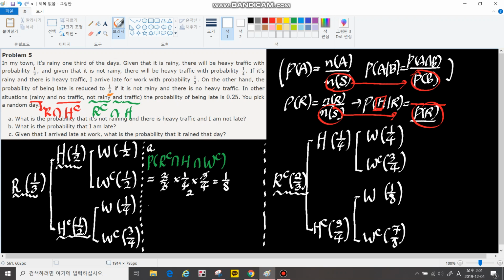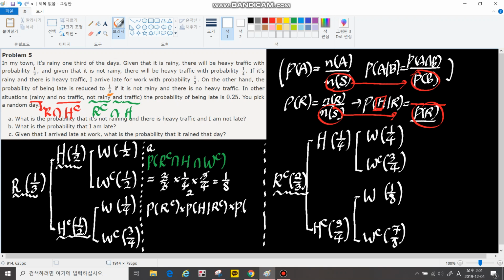First, P, the probability that it is not raining outside, times the probability that there will be heavy traffic when it is not raining, and then times the probability that he is not late for work, given that it's not raining outside and there is heavy traffic.